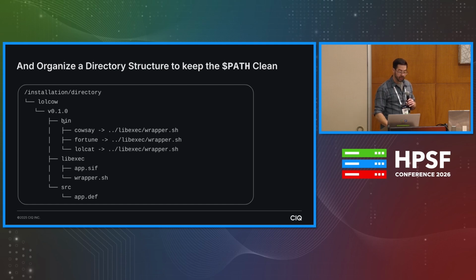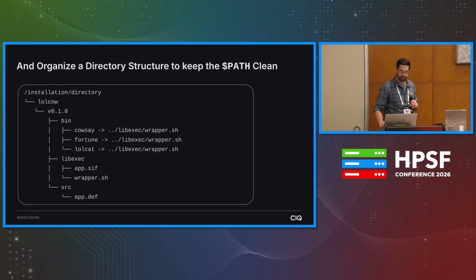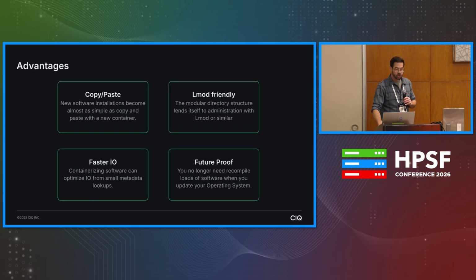You can put the bin directory on their path. They've got access to all these commands now, and they won't accidentally execute the wrapper script or the container itself because they see it now and they want to run that. And then I suggest that if you create a new container, just to keep everything together, you can put that in the source directory. So what are some of the advantages of using this approach?